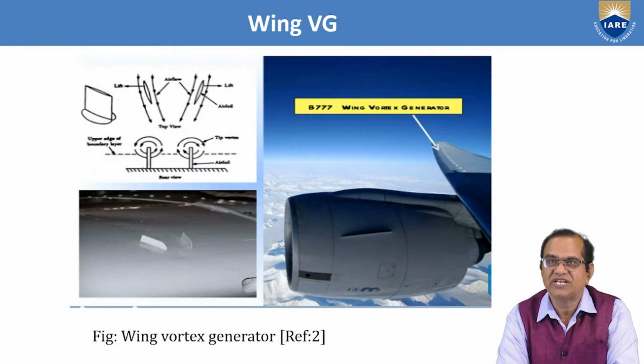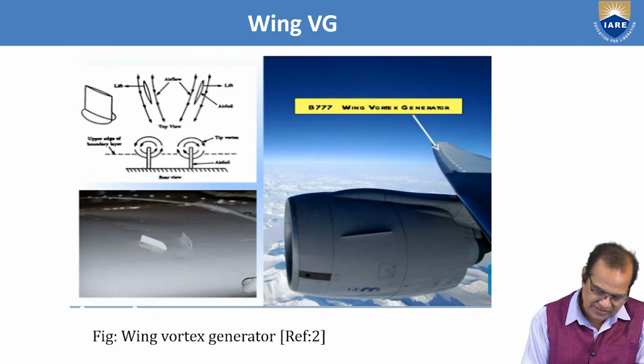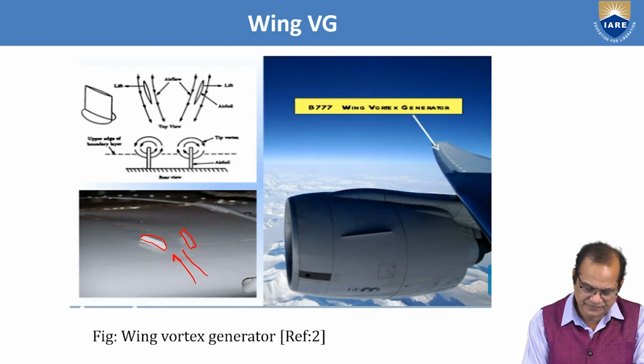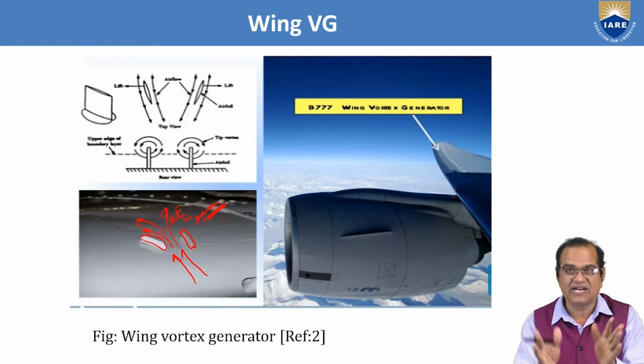These wing vortex generators are shown here. You can see some grooves here, from here to here. Air is entering from here and it is expanding like this, so the kinetic energy is increased due to this area difference.